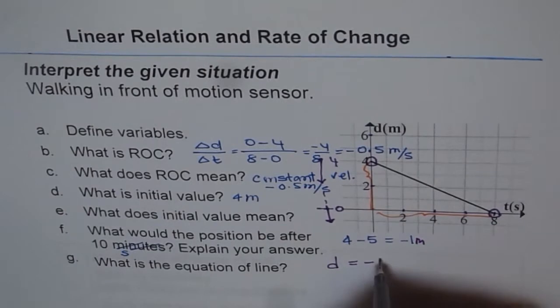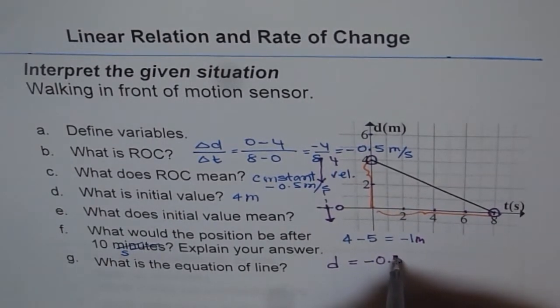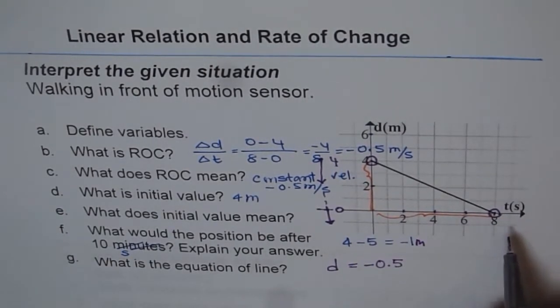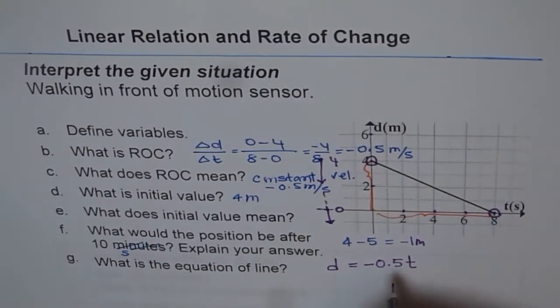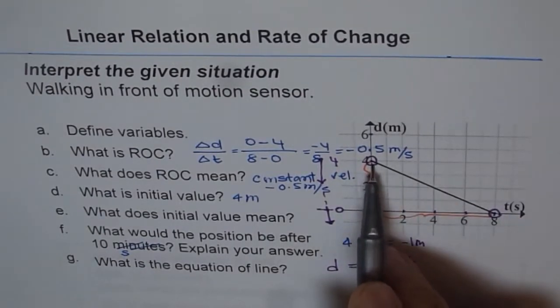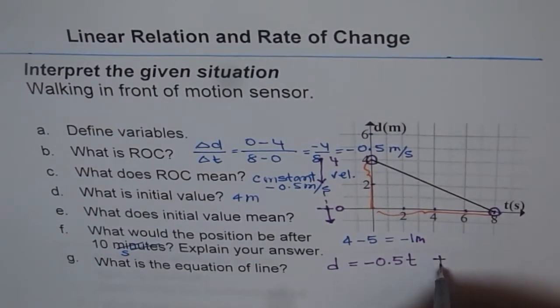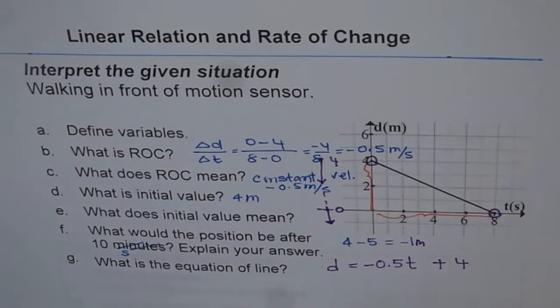The independent variable is time, t. So we'll write t in seconds, right? And the initial position or the distance was 4. So that will come here. So that gives you the equation of the line for this given situation, correct?